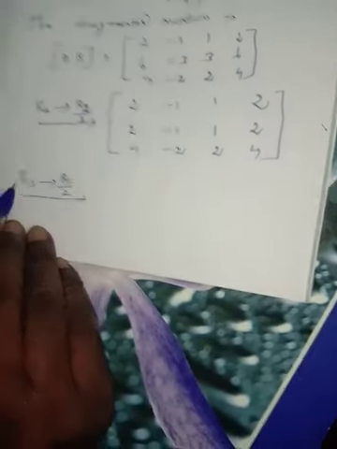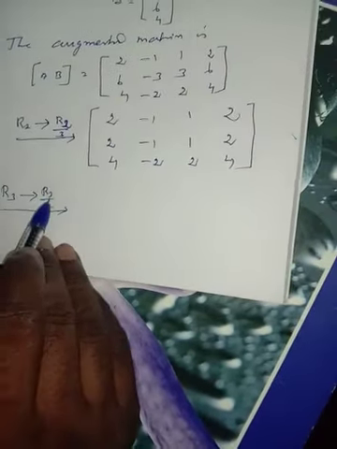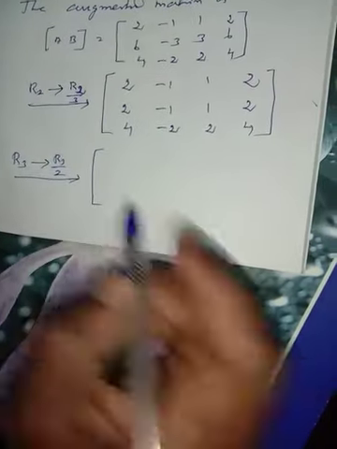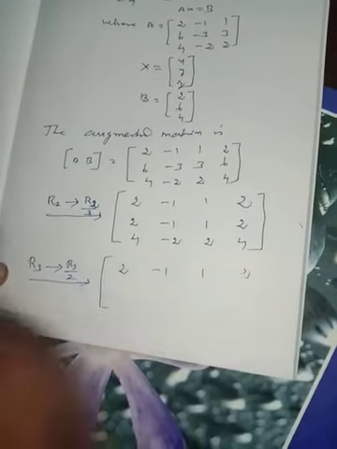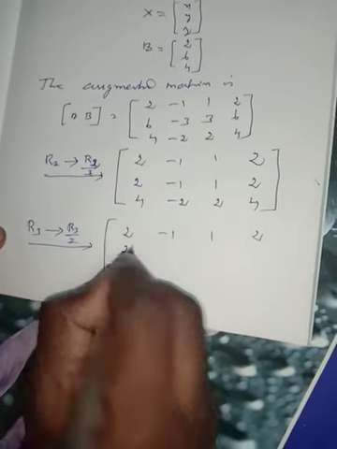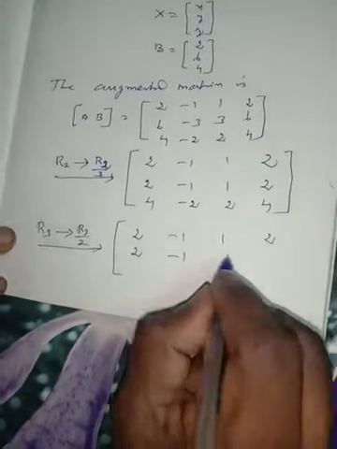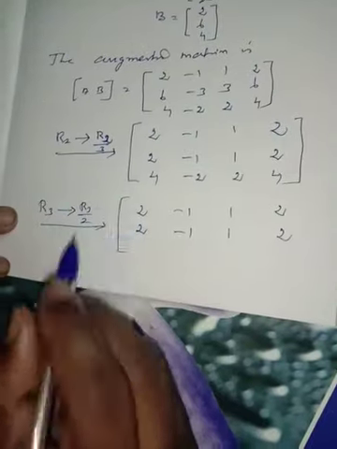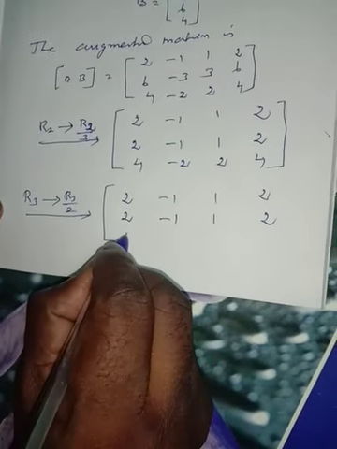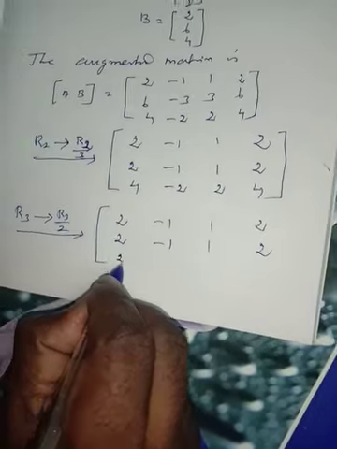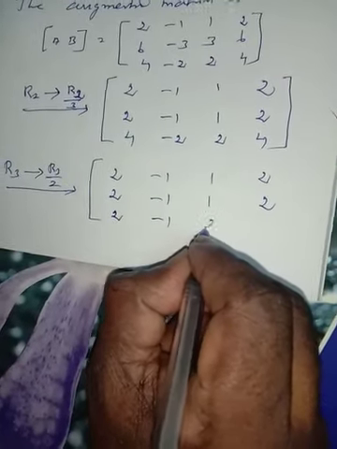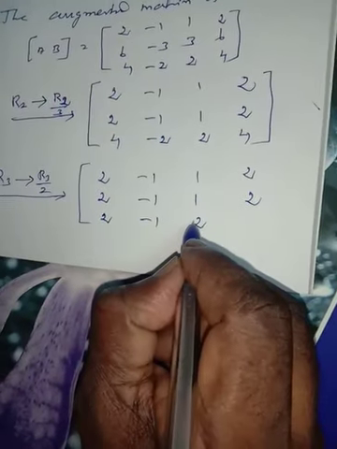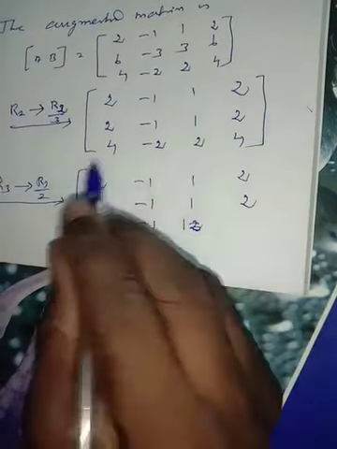New R3 implies old R3 by 2. What will happen? Here minus 1, 1, 2, next 2 minus 1, 1, 2, next 4 divided by 2 is 2, minus 1, next 2, next 1, 1, next 2.